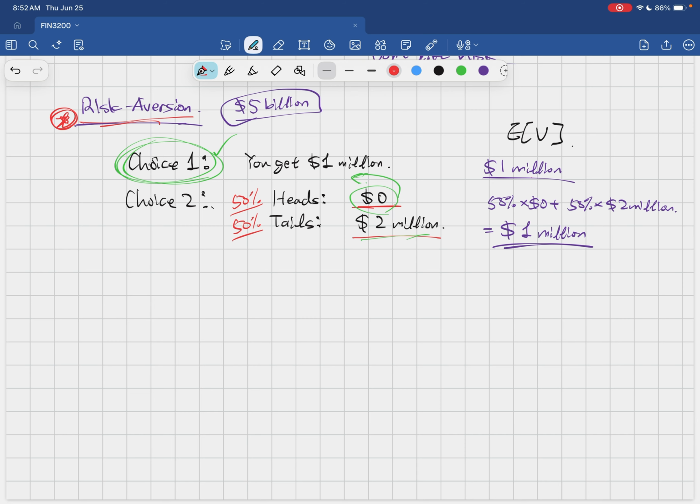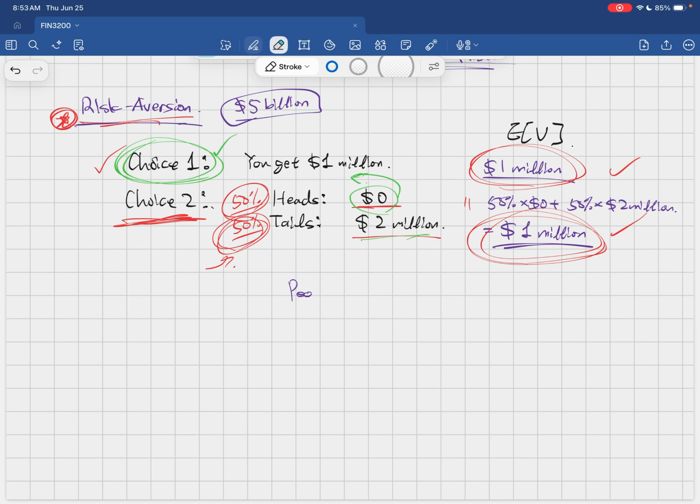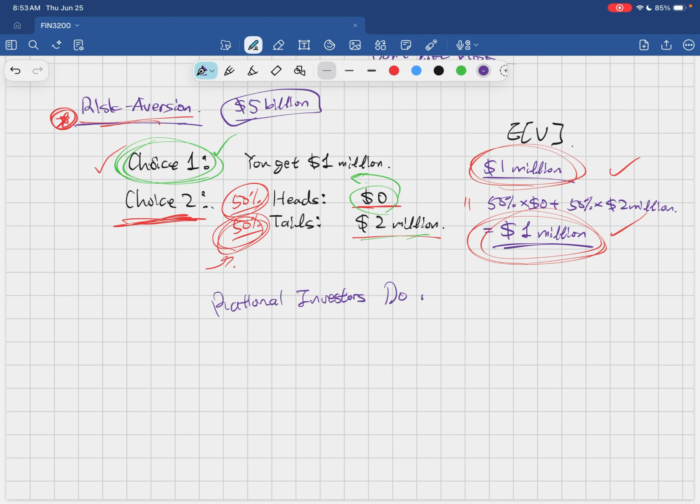Even though the expected values of the two choices are equal, most people will prefer choice one because of the risk involved, the uncertainty or volatility involved with the second choice. Again, to be precise, rational investors do not like risk.